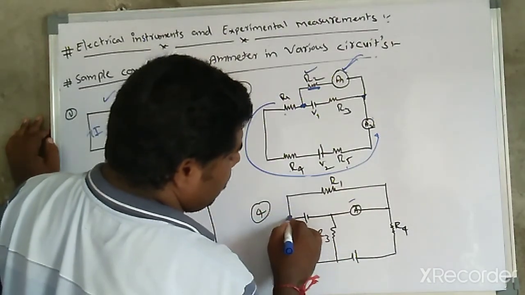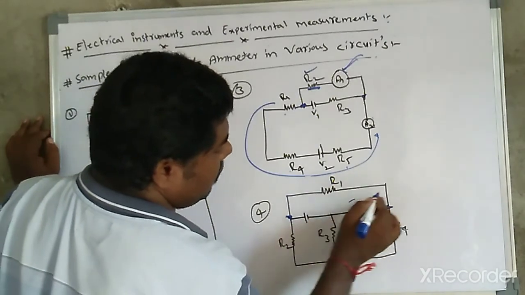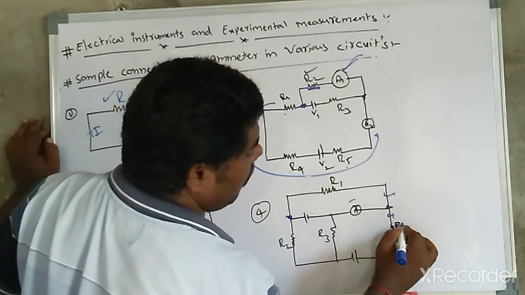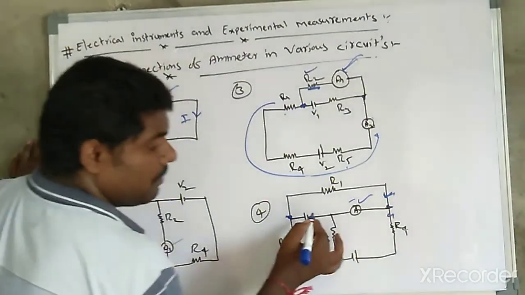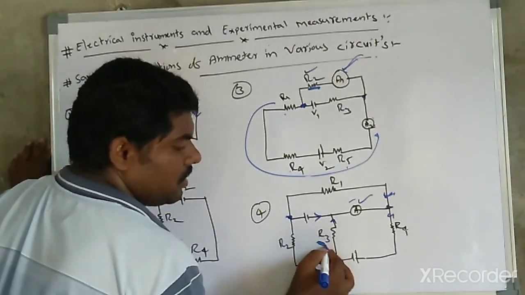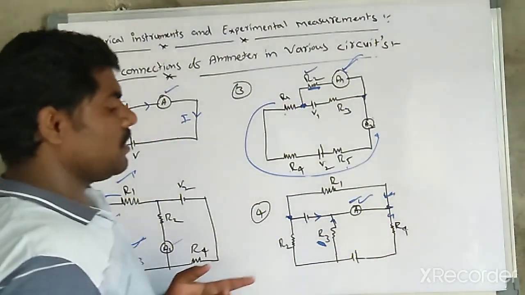Here the potential, parallel to this one, is nothing but the sum of the R1 resistor and the R4 resistor current measured by this ammeter, over the sum of this battery current and this R3 resistance measured by this ammeter.